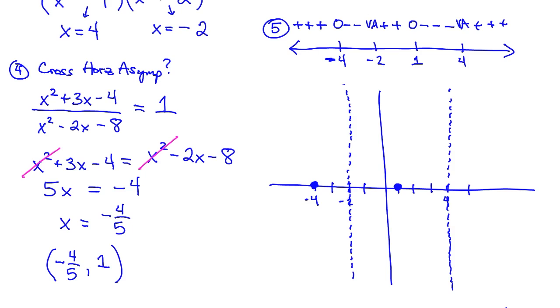We have a horizontal asymptote at y equals 1. We have a y-intercept at 1/2. So there was y equals 1, so 1/2 is smack dab in the middle. We have a point where the graph crosses the horizontal asymptote at negative 4/5. I'm going to put that right there.